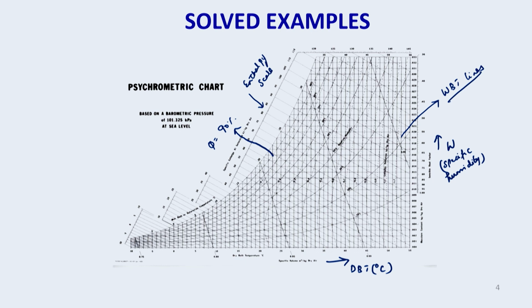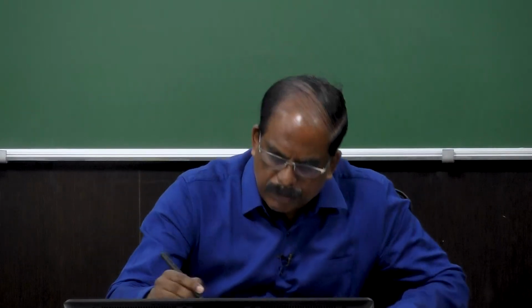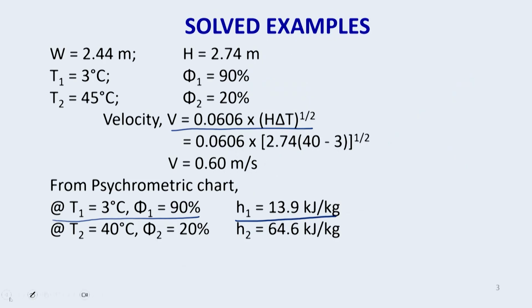Once we fix the intersection point corresponding to 90% RH and 3 degrees centigrade, from that point draw a line parallel to the wet bulb temperature line. That will intersect the enthalpy scale, so we can read out the enthalpy value.